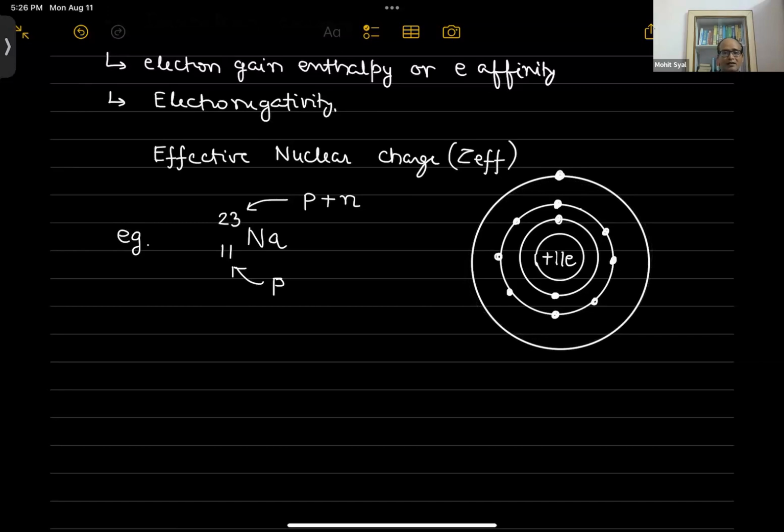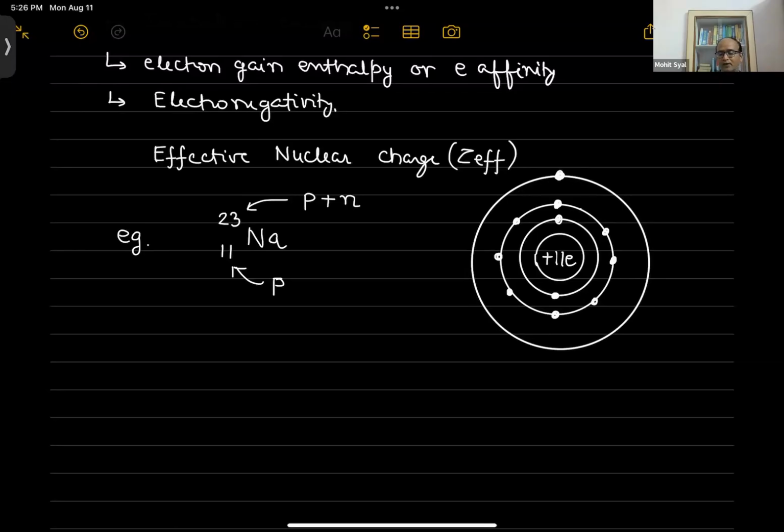This electron is the valence electron. It is the most important electron because only this electron participates in bonding. It can be lost. All the properties will be governed by this.